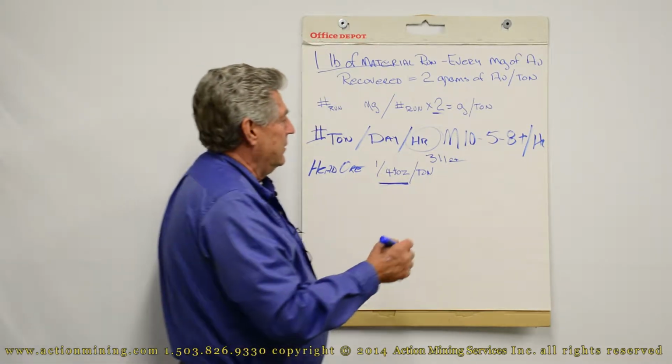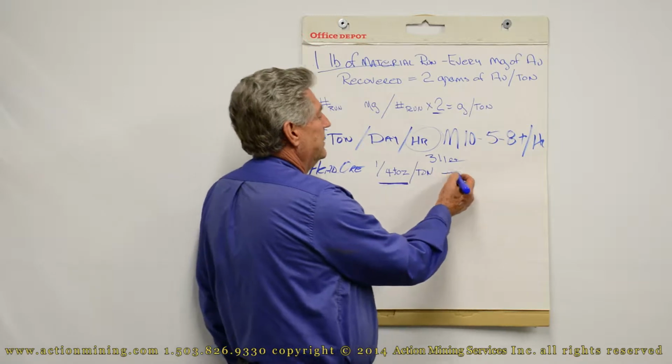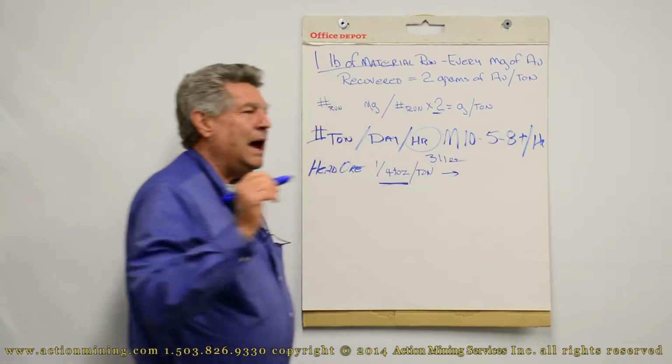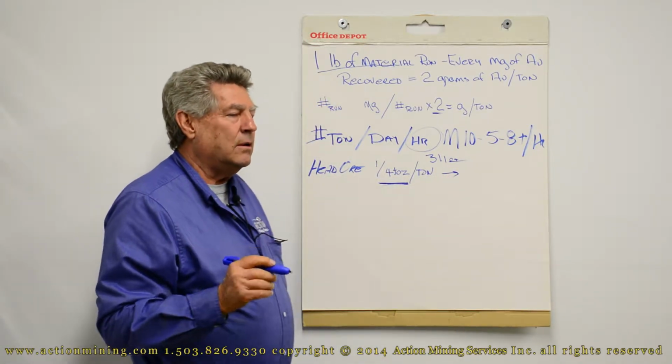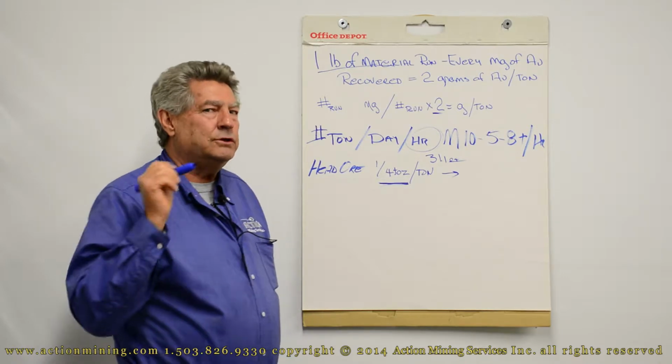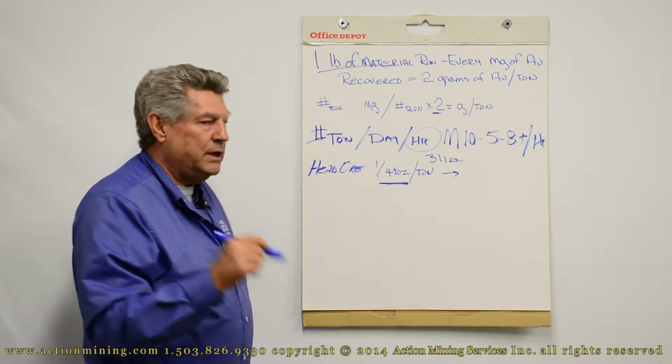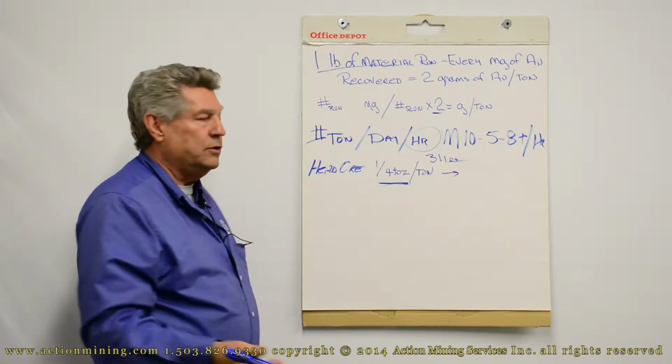So now we need to know how much do you want to run, or better yet, how much do you need to run to be able to make it economical for you.